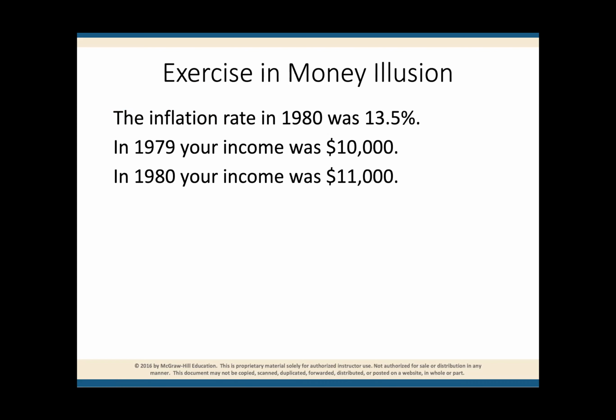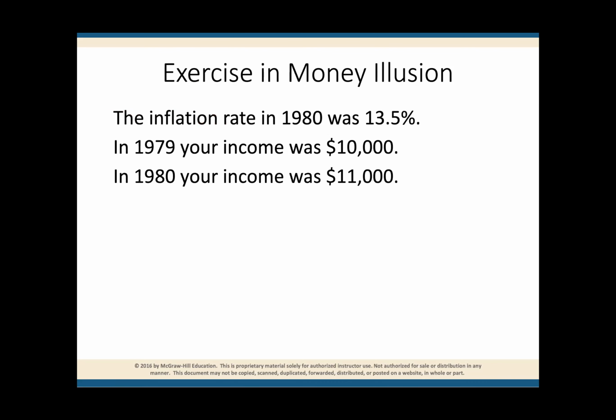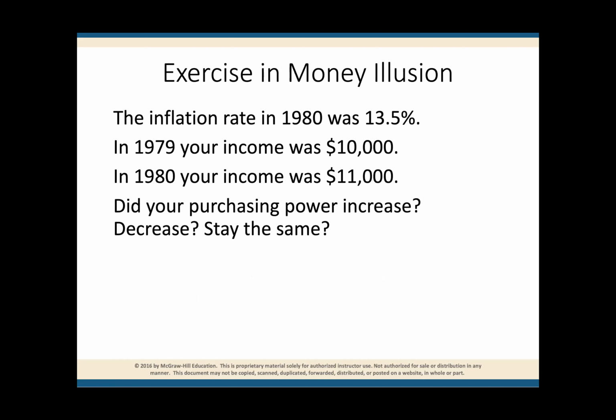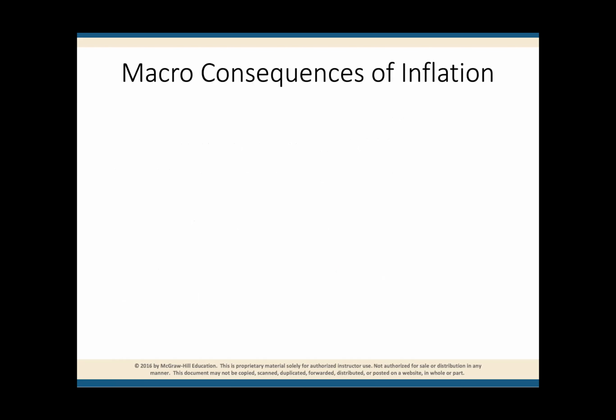Why, sir? Because your income only went up 10%, but the price of everything went up 13.5%. Exactly. So then what happened is that your real buying power actually decreased. You're worse off because inflation went up by a higher rate than your nominal income. See, your income went up by 10%, while prices went up by 13%.